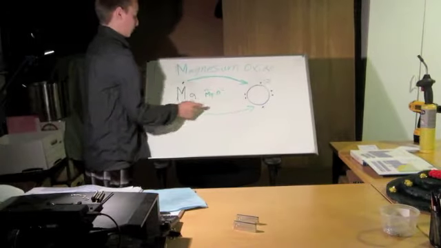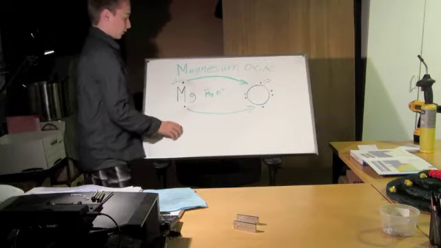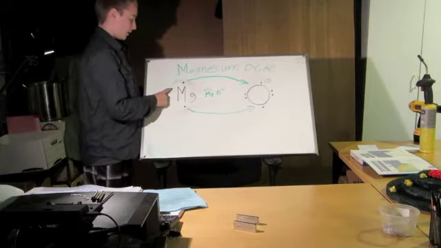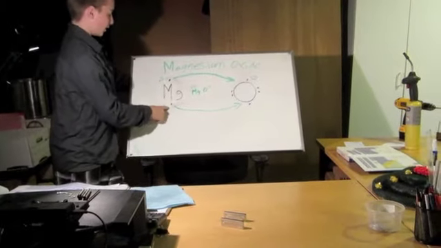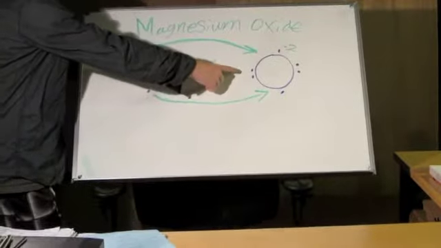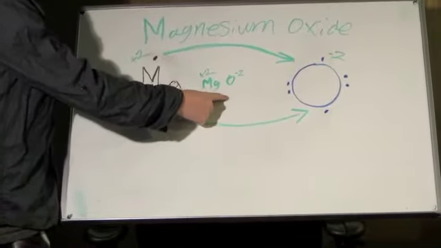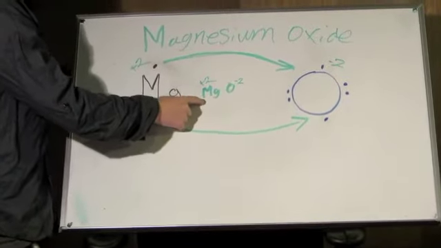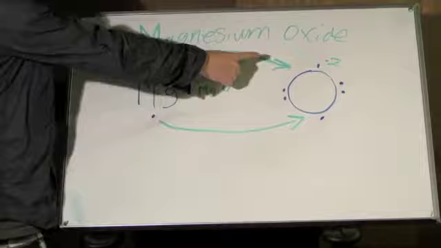Oxygen has 6. Magnesium gives oxygen its 2 valence electrons. Then you have +2 because it just gave away 2 negatives, and you have -2 because it just received 2 negatives. This is the formula, MgO, which stands for magnesium oxide.